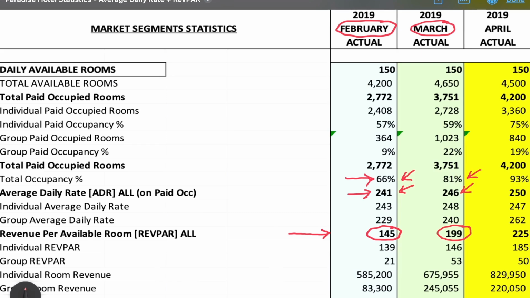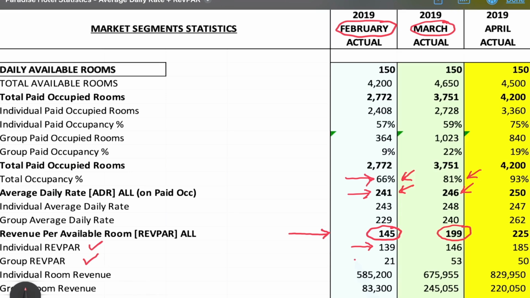Moreover, you saw in the average daily rate video that the two major market segments, individual and group, played a part in the hotel revenue. But it is even more clear when we now look at the RevPAR for these two market segments. Take a look at the individual RevPAR. Out of the total $145 RevPAR in February, individual RevPAR or the RevPAR for the market segment individual is $139.